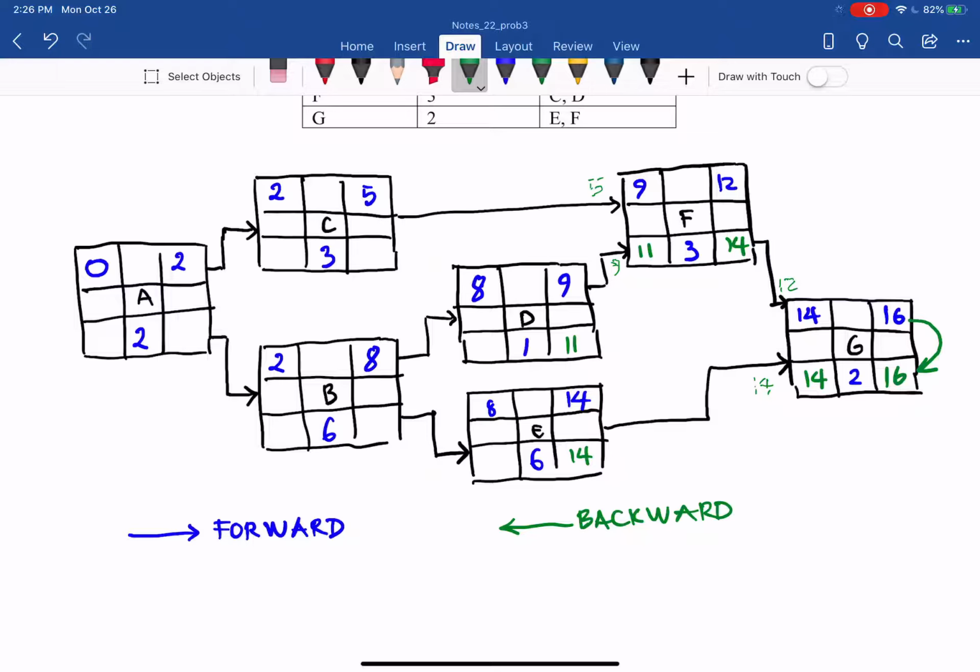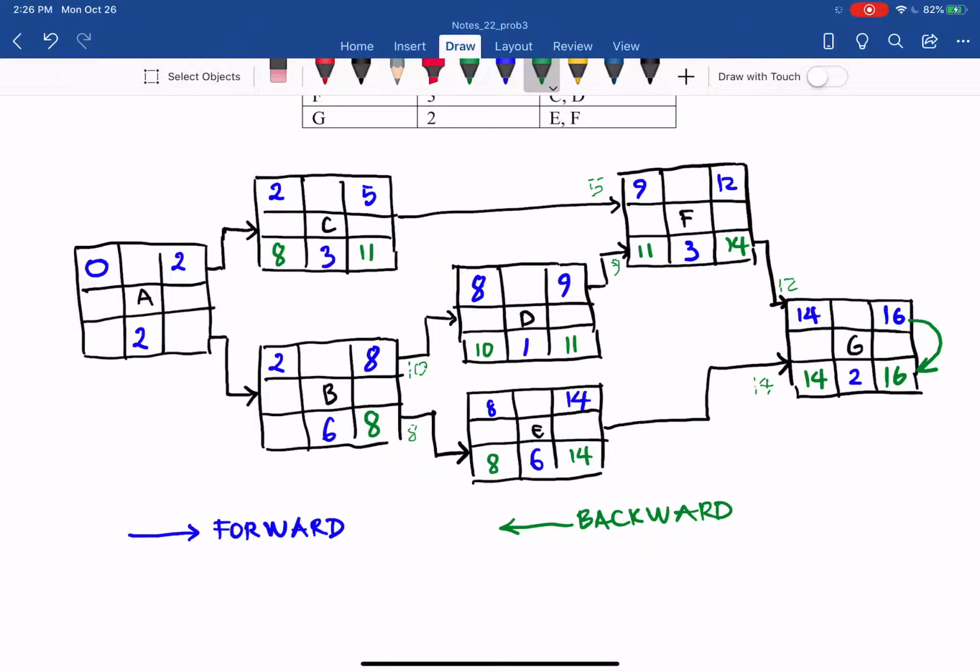For D, 11 minus 1, you have 10. For E, 14 minus 6, you have 8. So you have 10 and you have 8. Going backward with the minimum, you have 8 in here. And for F, going back to C, you have 11, so 11 minus 3, you have 8.